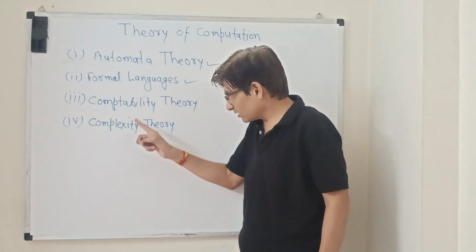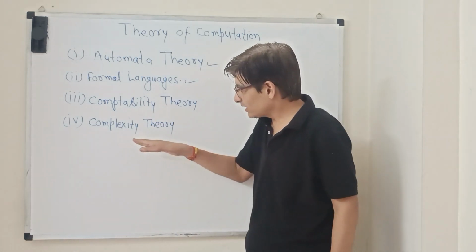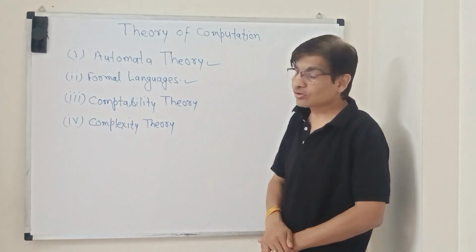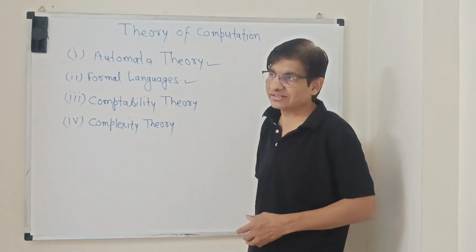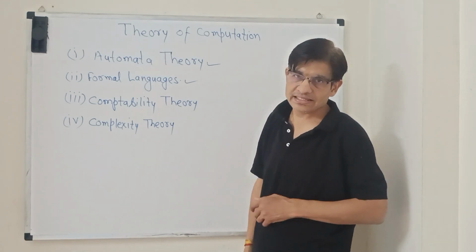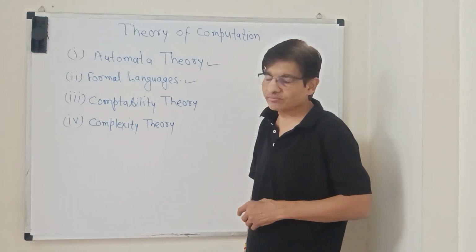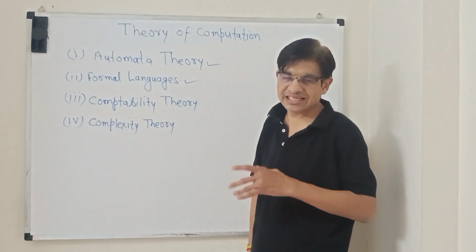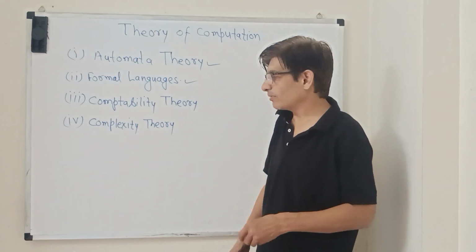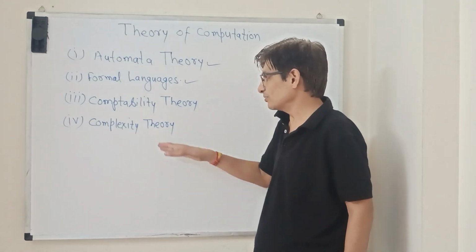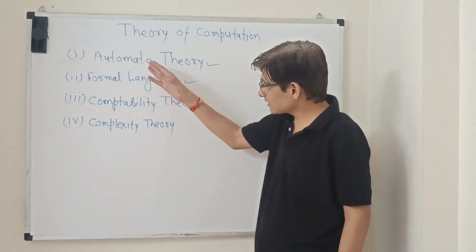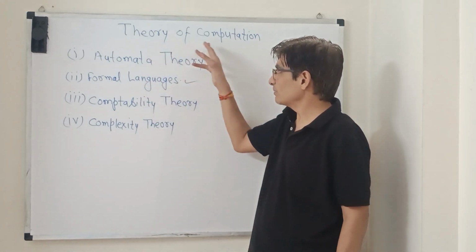And last and important, complexity theory. In complexity theory, we study problems that come from different categories like P problems, NP problems, NP hard problems, and NP complete problems. These are the different areas of theory of computation.